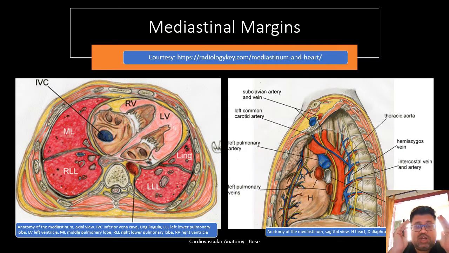Laterally, the mediastinum is bounded by the pleura or the pleural margins. In front of the mediastinum, you have the sternum, and behind the mediastinum, posteriorly, is the anterior surface of the dorsal vertebra.